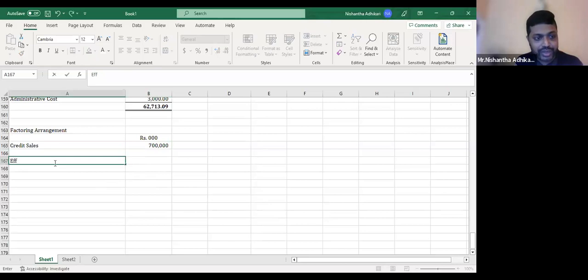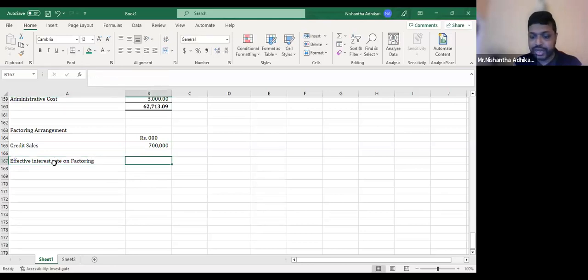First, we have to calculate the effective interest rate. Effective interest rate on factoring. How to calculate the effective interest rate on factoring? We have calculated earlier. 1 plus 34% divided by 12, power 12, minus 1.